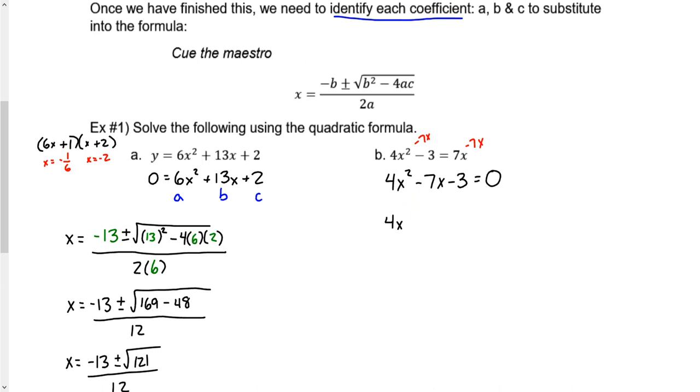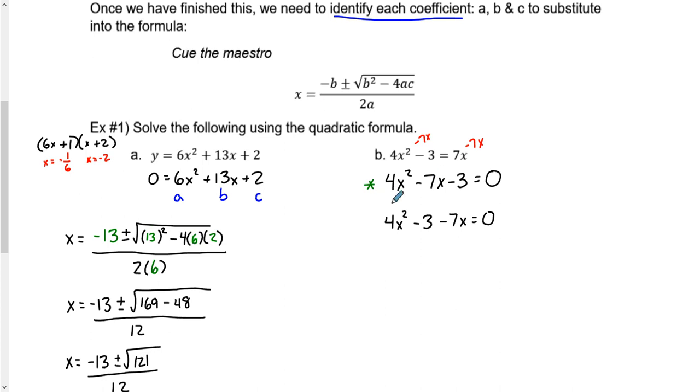Writing things in descending order, it does. But when we're just going to be using formulas, it doesn't matter whether we write it like this or this, in the grand scheme of things. Of course, I for sure say that you should write it like this because it's just cleaner.